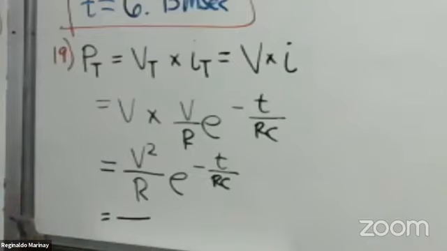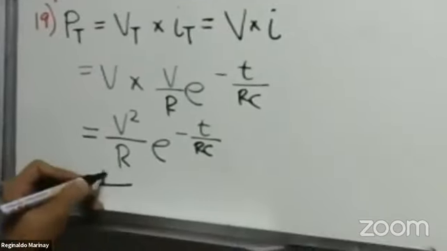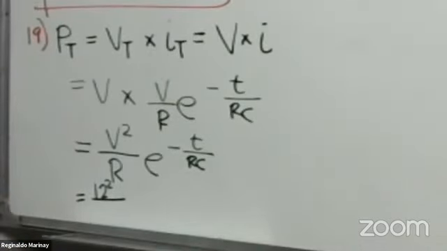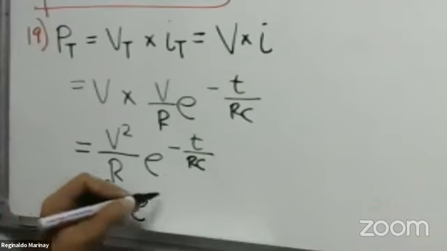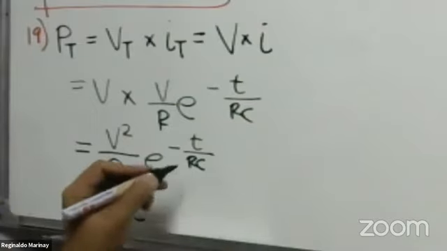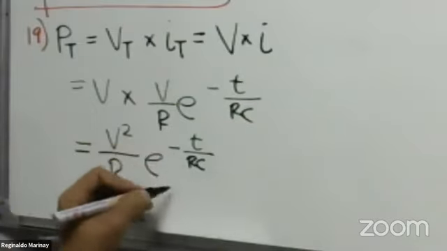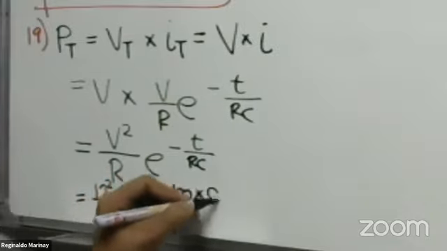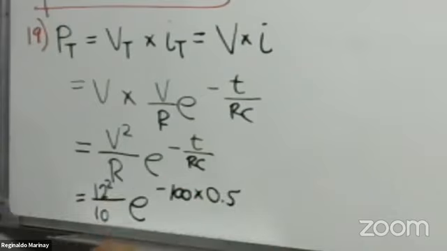What is our V? 12 volts. Our R is 10. Then e raised to negative t. By the way, the t is given, 0.5. Actually, the negative 1 over RC is already 100. We calculated that already. 0.5. So, what will be the answer here? That is our total power.